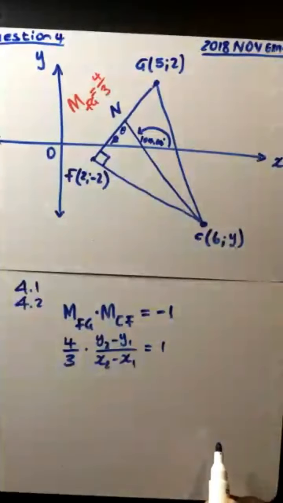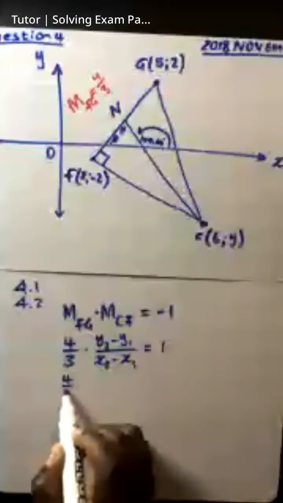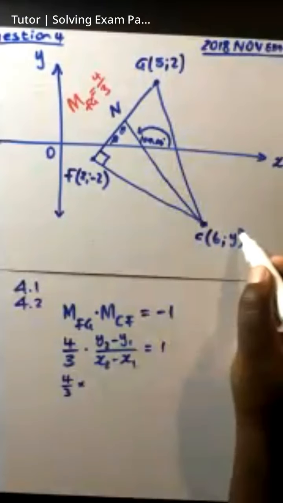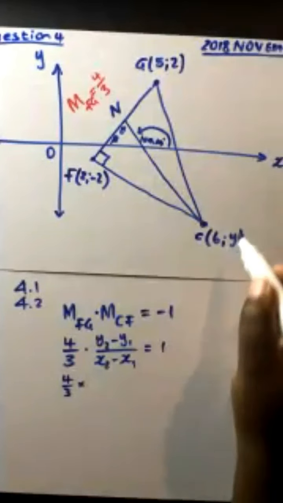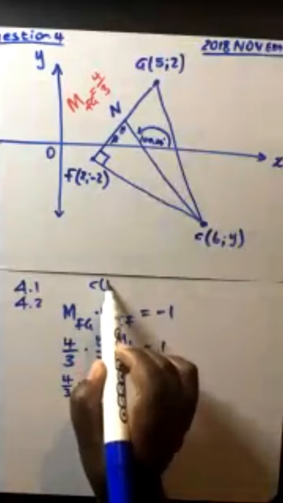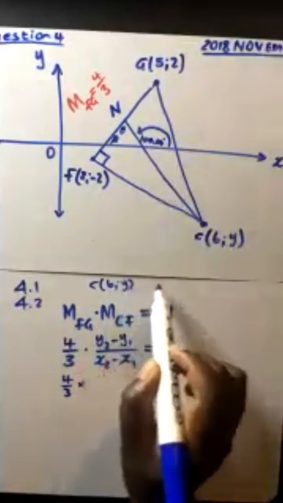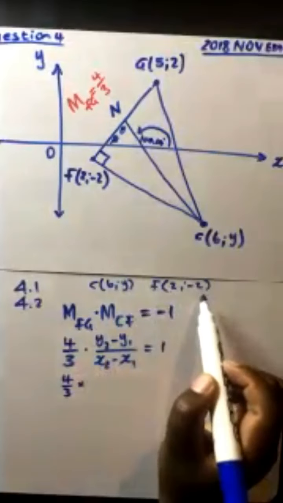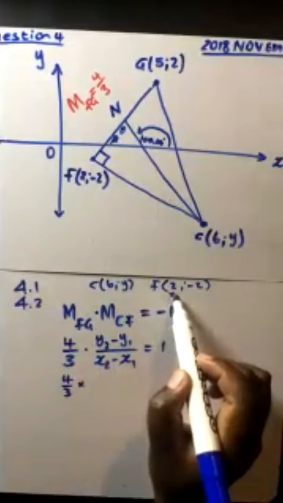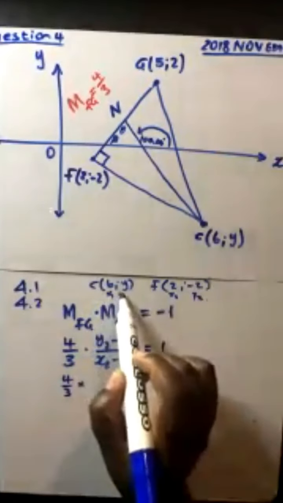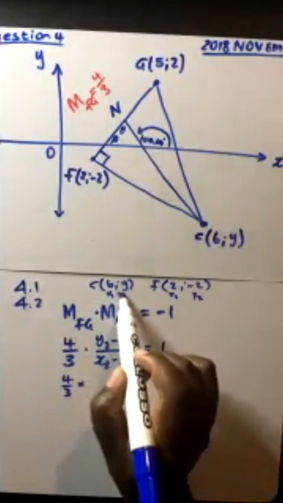So guys, let's now substitute. Obviously, we've got 4/3 multiplied by y2. In this case, I said I use alphabetical order. So there I've got C, y, and F, which is 2 and minus 2, which means this will be my x2, this will be my y2, x1, y1.